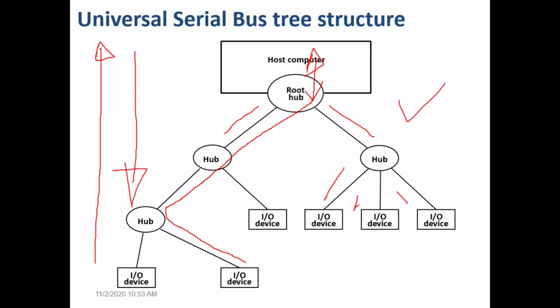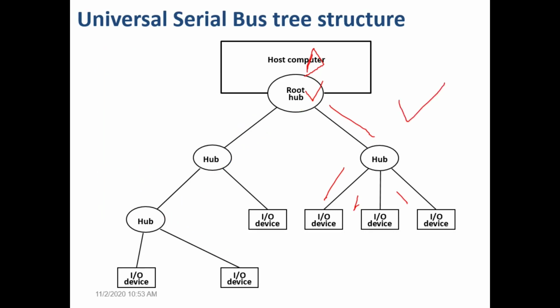So the main observation in this tree structure is that there is a root hub which is connected to the processor, and the processor thinks there is only one device, the USB root hub. Then multiple devices are connected through USB hubs, which convert a single USB port into multiple ports.